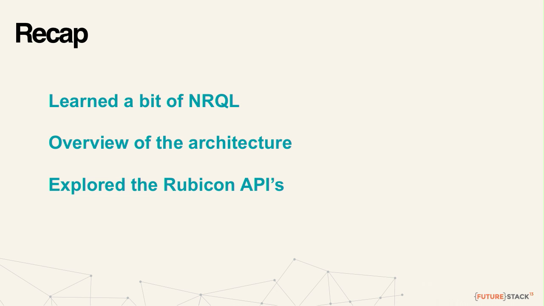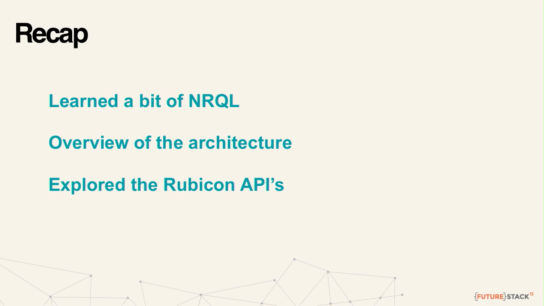All right, so to recap, we learned a little bit of NRQL, and we talked about what NRQL is good at, aggregating across a lot of events. We talked about some of the features like facet and since and all the different aggregation functions we have, like histograms and percentiles and averages.